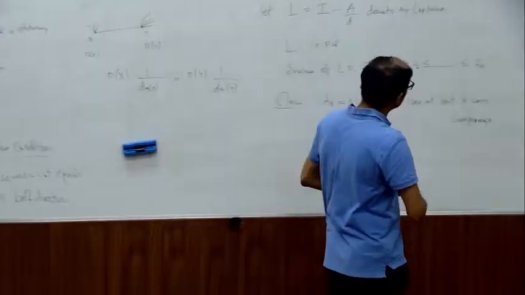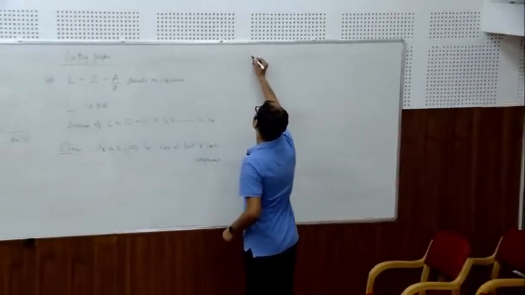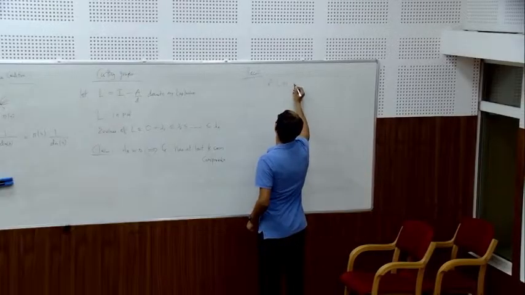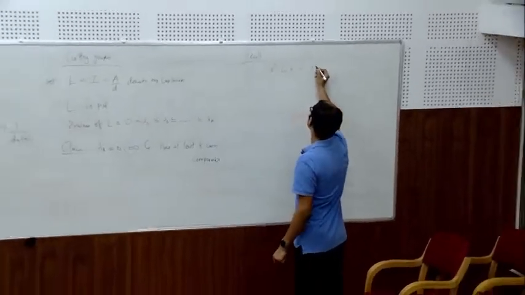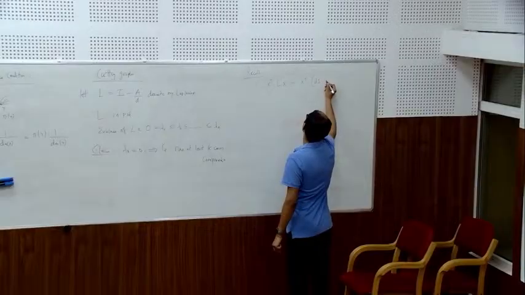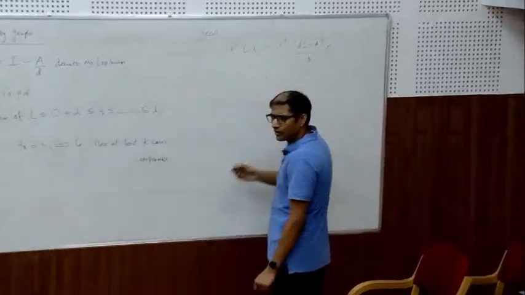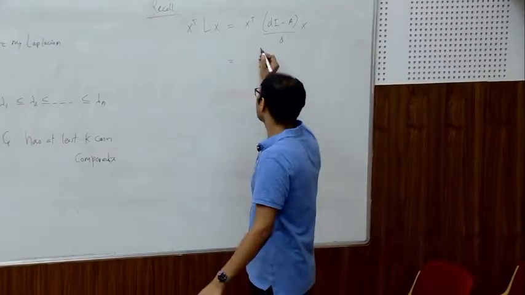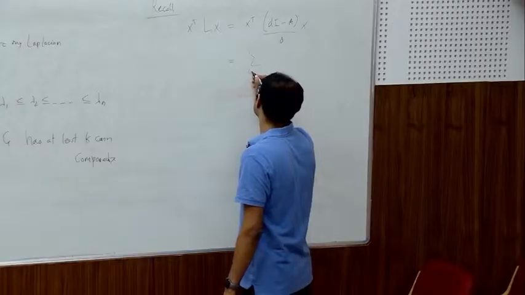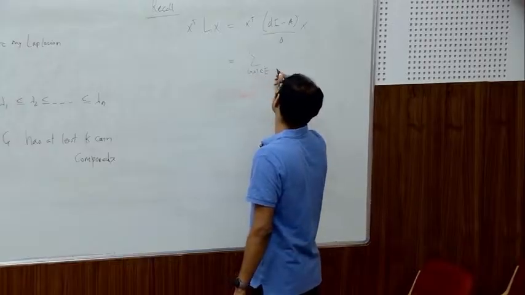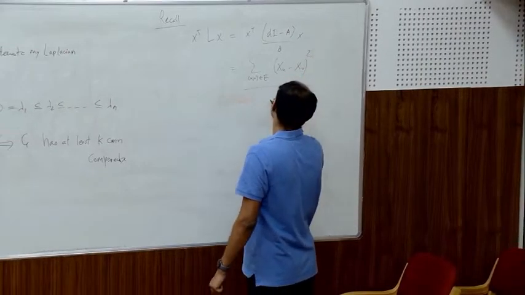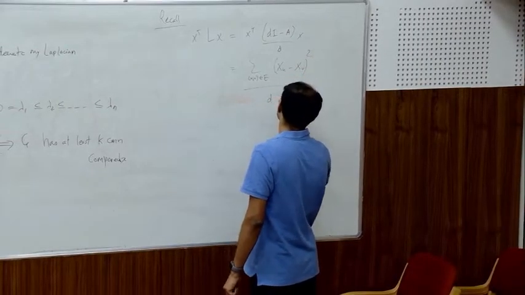So let's recall. Recall that x transpose Laplacian x is x transpose (I minus A over D) x. And we already observed that x transpose (I minus A) x was the sum over all edges of (xu minus xv) whole squared, divided by D times the summation of xv whole squared.